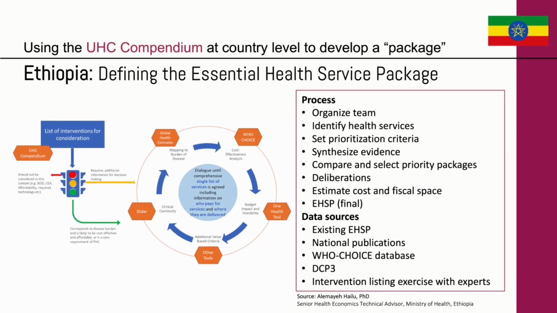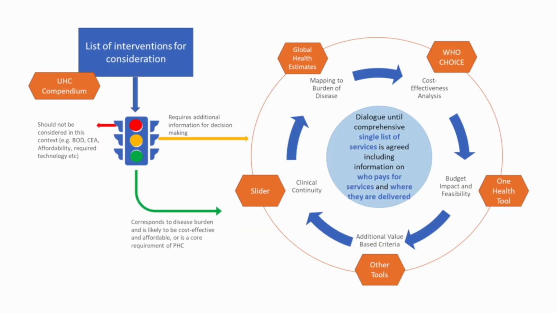With that tool available, the process to undertake at the country level is important, and I'm showing here the example of how it is used in Ethiopia. If you look at the diagram, when you look at that cycle of the data analysis, I've put in there the traffic light to show that there are some interventions that are just not cost effective and probably shouldn't be included in the package.